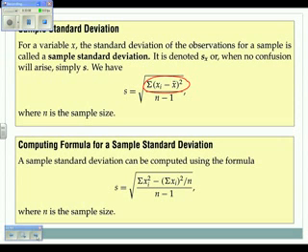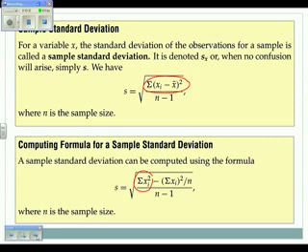That was the sum of the fourth column in the chart that we just did, right? On the bottom formula, we have the sum of x squared. That was the sum of the second column.